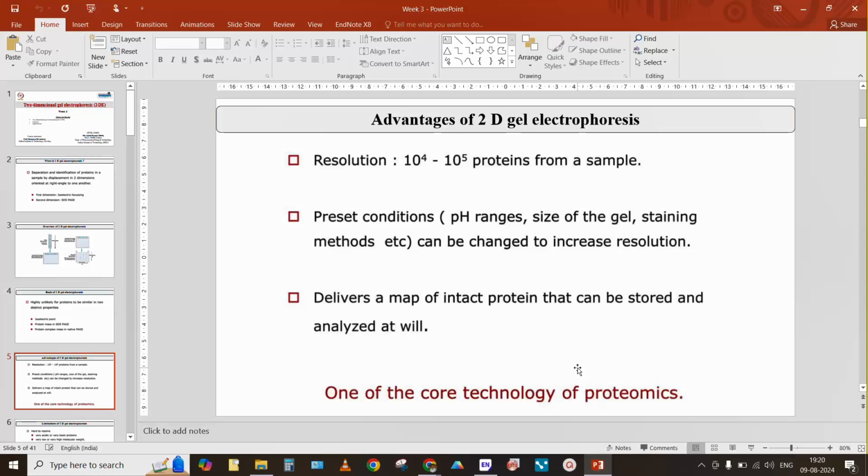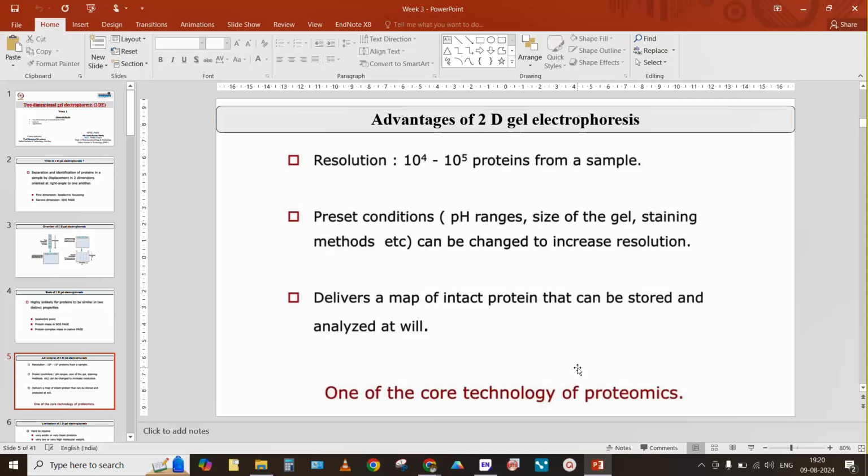The second advantage is the detection of protein isoforms and post-translational modifications. 2D gel electrophoresis can differentiate between different isoforms of a protein, which may vary slightly in charge or molecular weight. It is also effective in detecting proteins that have undergone post-translational modifications, as these often alter the protein's isoelectric point or molecular weight.